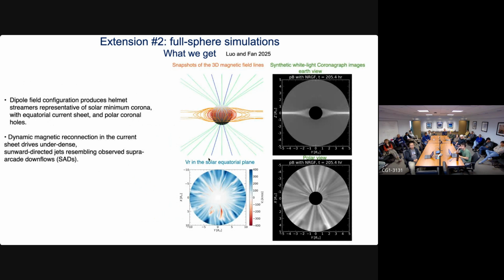And here we show a four-panel movie showing a snapshot of the field lines, the radial velocity on the equatorial plane, and also the white-light images for the Earth view and polar view.